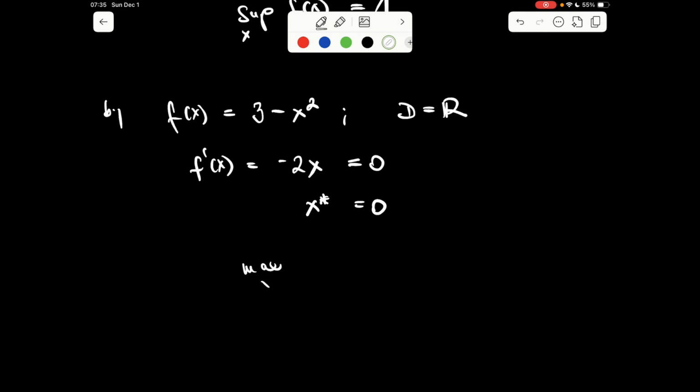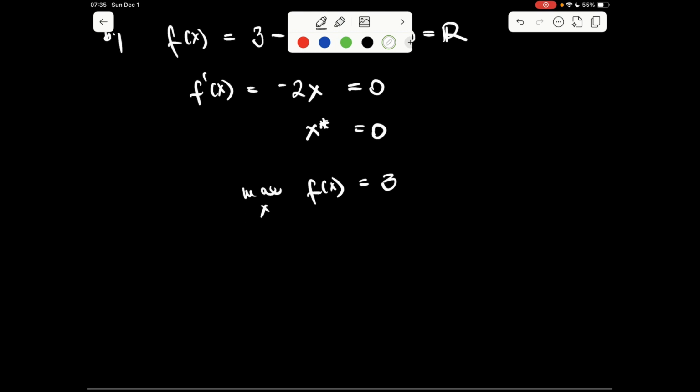So the maximum of the function is 3. Note that we use the basic fact that the leading coefficient is negative, so this is a reversed parabolic function, and obviously it has a maximum.